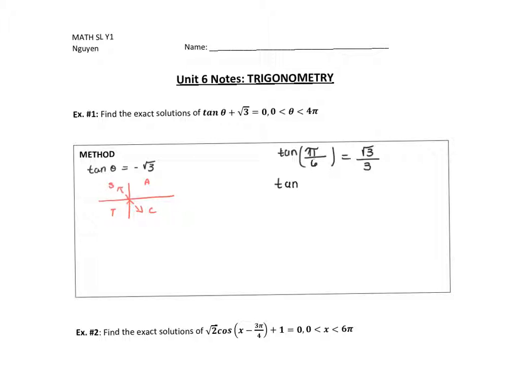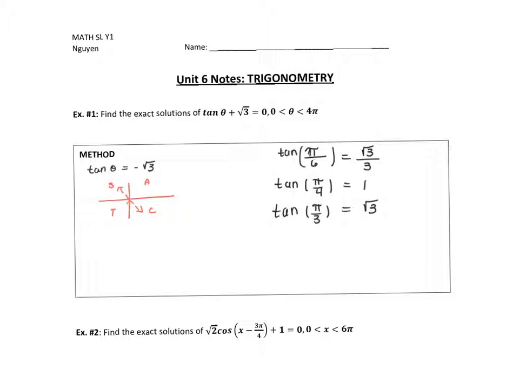Your tangent of pi over 4 is equal to 1, and your tangent of pi over 3 is equal to radical 3. So based on those reference angles, you know that the two answers have to have a 3 on the denominator.